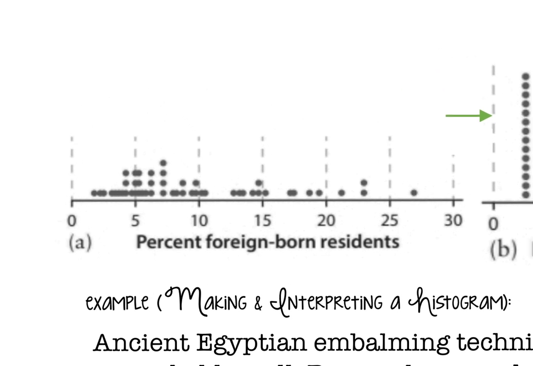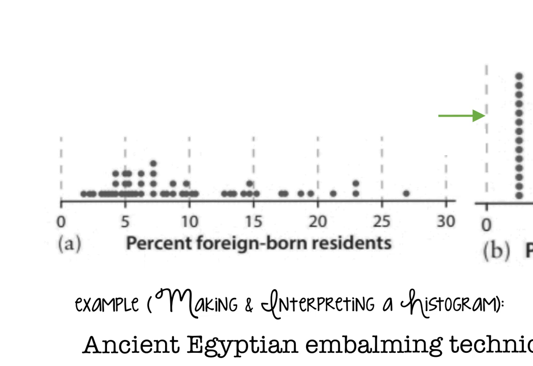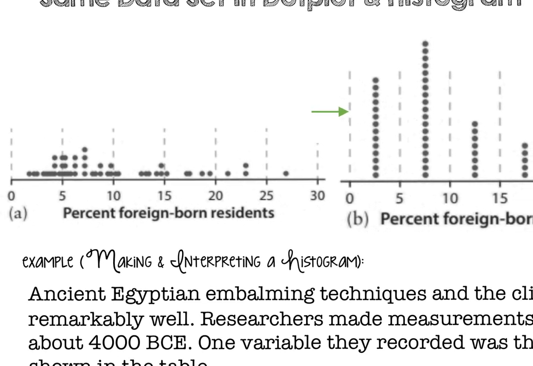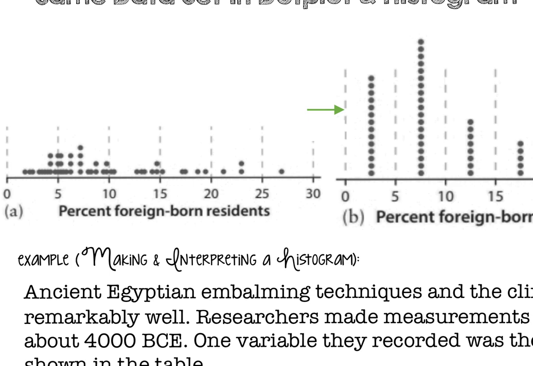I'm going to zoom in right here, and if you look, we've got the percent foreign born residents. You see all those dots there. Those are individual data points, and what they've done from there is they've taken all those and broken them up into bins.